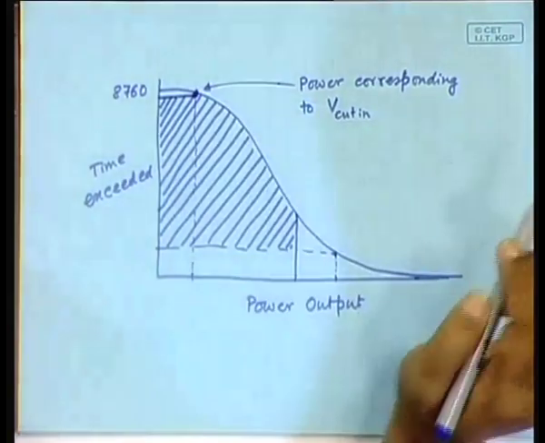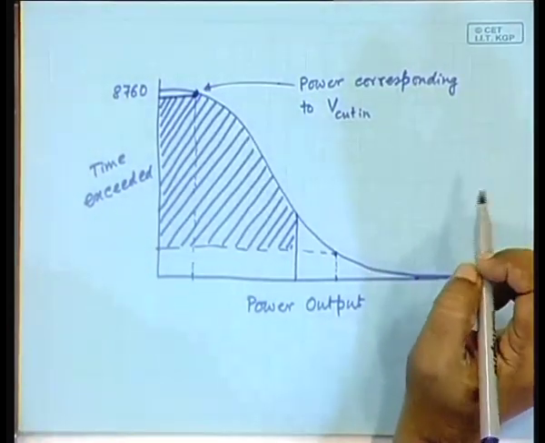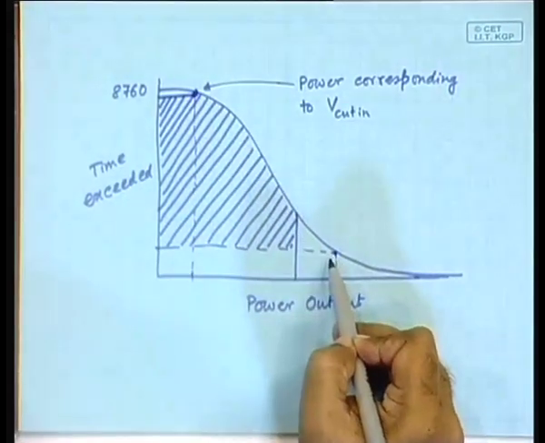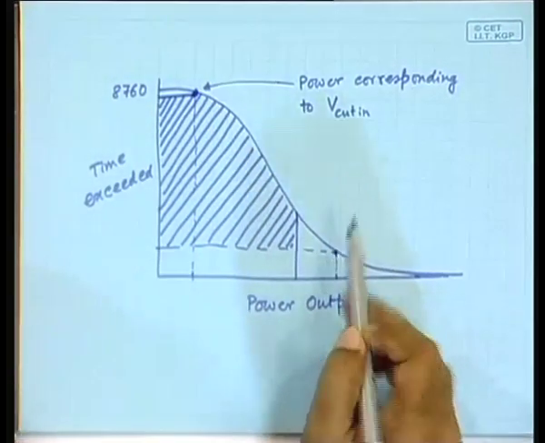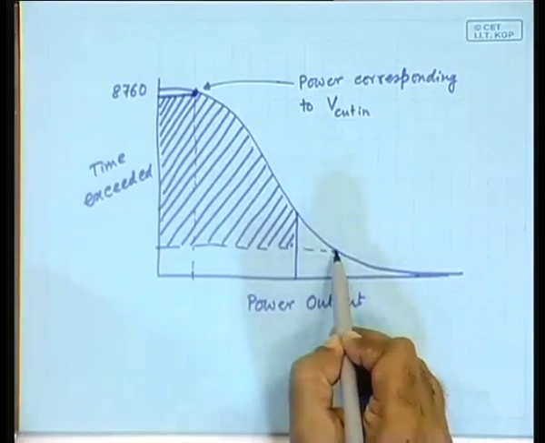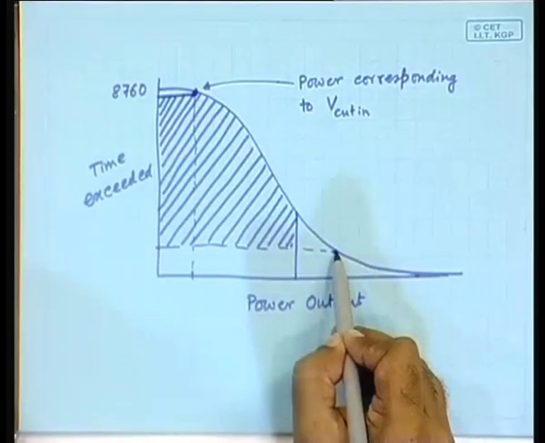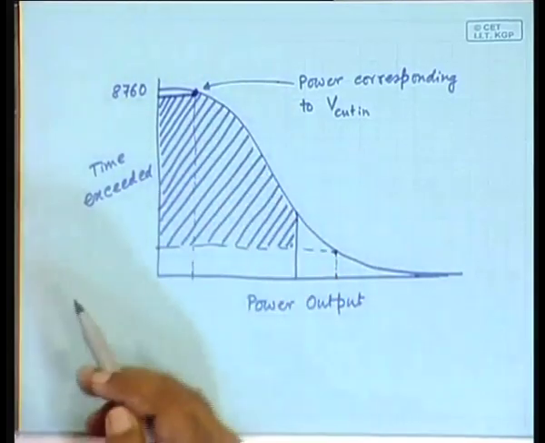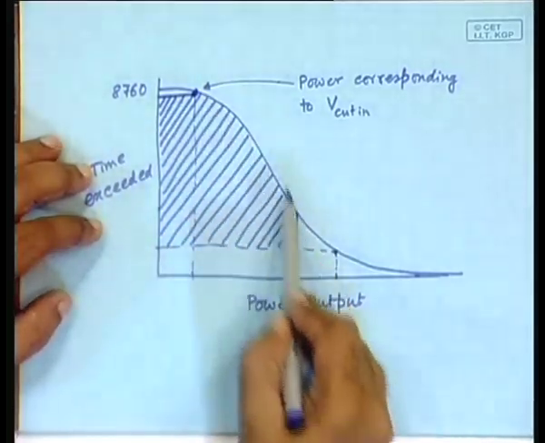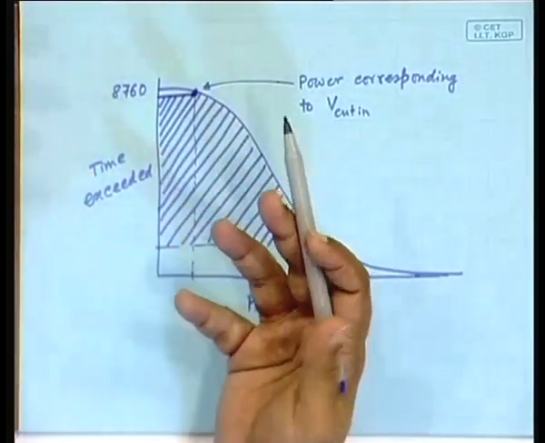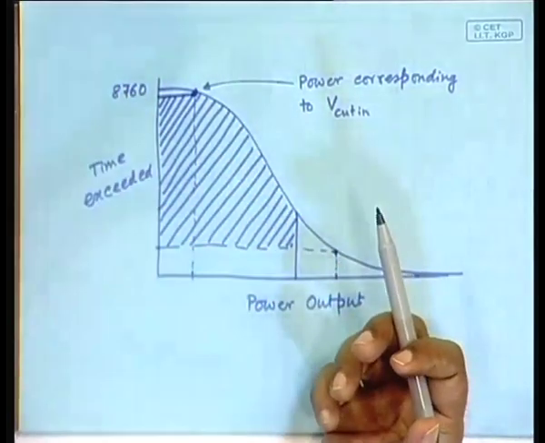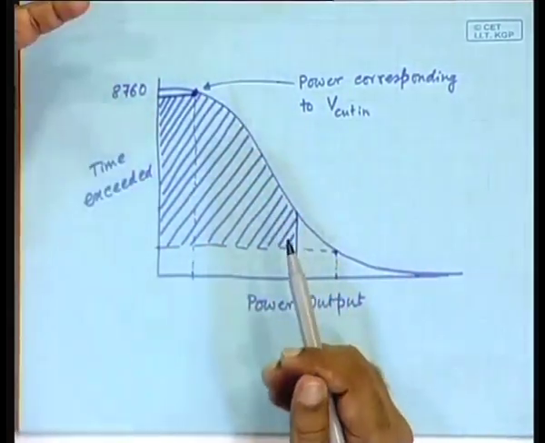So, it will not be difficult for you to appreciate the fact that all these points are different for different wind turbines. Different wind turbines are manufactured with different values of rated power, different values of the cut out speed, different values of the cut in speed. As a result, this area that represents the amount of energy that you are generating out of that particular site will be different for different wind turbines.